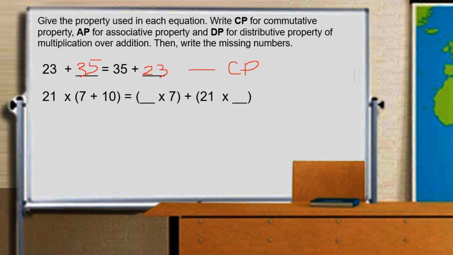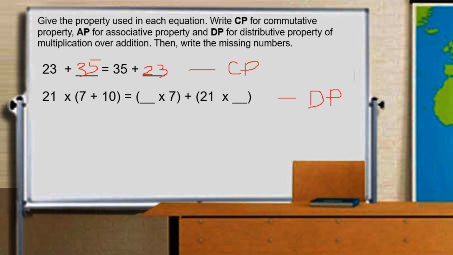So, kung papansinin mo yung ating given, meron siyang multiplication and addition. So, dun sa mga properties of operations, kung babalikan natin, meron tayong tinatawag na distributive property of multiplication over addition. So, dun pa lang, ibig sabihin, ang ating given ay isang distributive property of multiplication over addition.